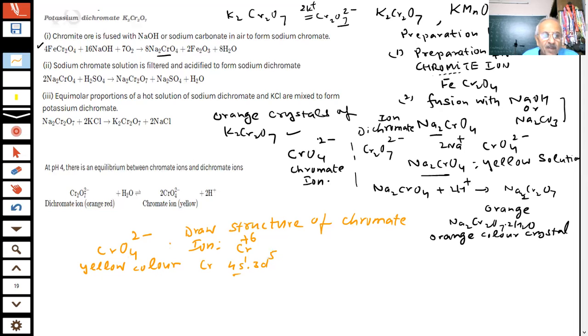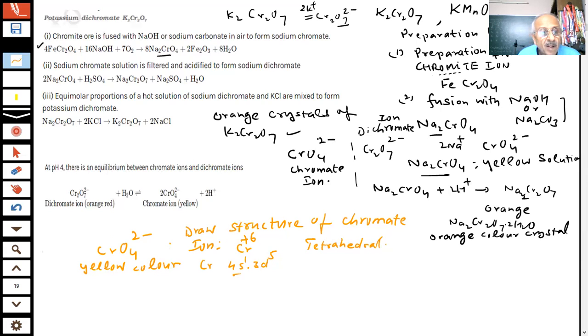So therefore, what will be the result of that, students? This will be tetrahedral. If it is tetrahedral, then can we draw the structure of CrO4 2 minus, students? Yes, sir. What is the hybridization?